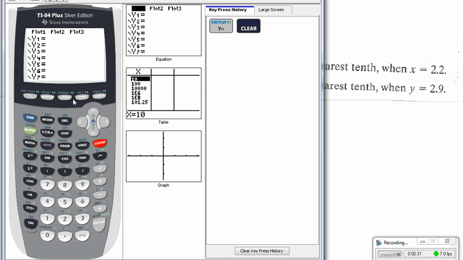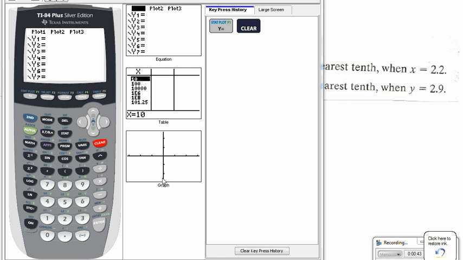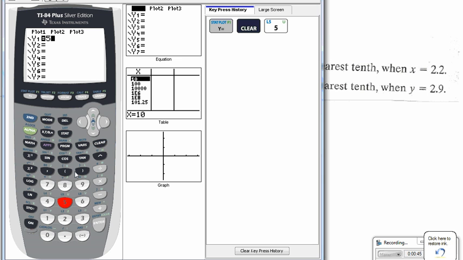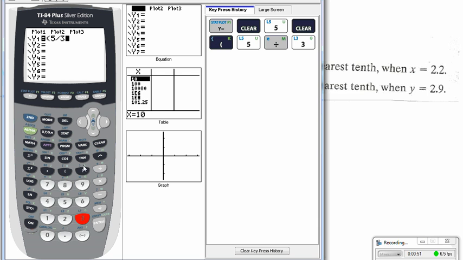So, open parentheses, 5 over 3, close parentheses, and raise that by x.